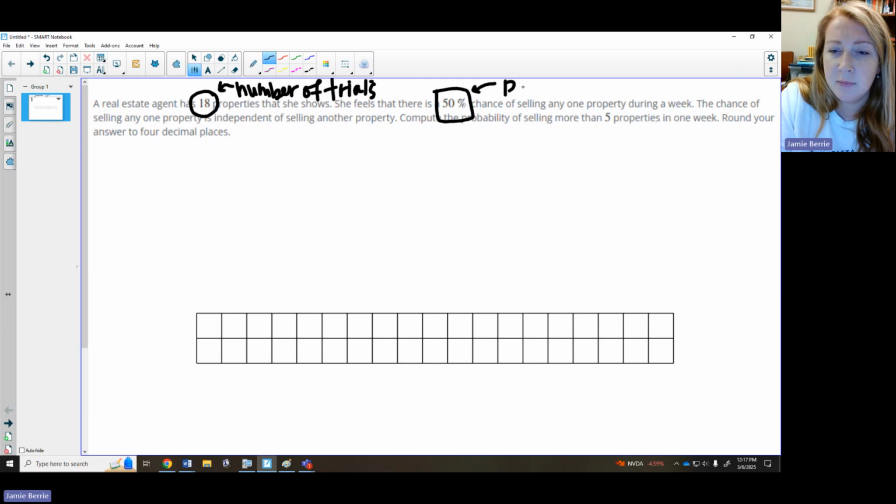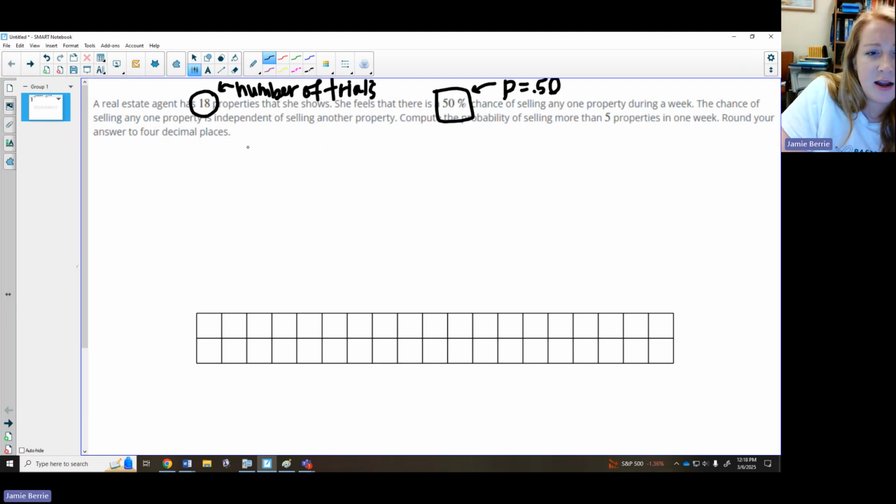So the probability of success P is equal to 0.50, 50% in its decimal form. The trials are independent, right? And then I can either sell the house or I don't sell the house. So that means it's a success or failure situation. So all of that combined tells me that this is a binomial problem.